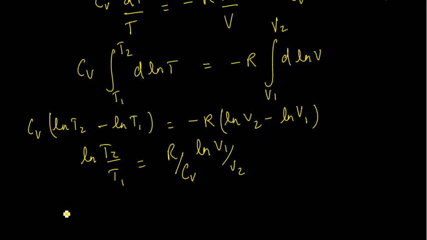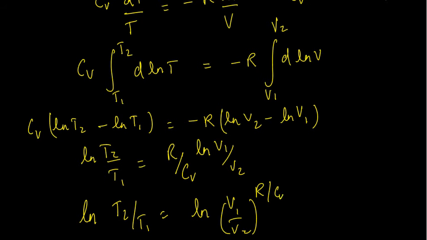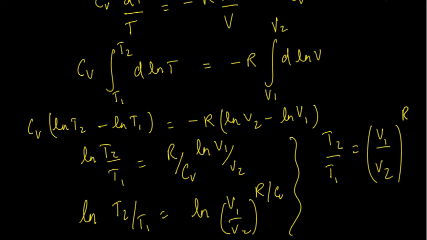So make it exponential. So this is, or rather before that, log of T2 by T1 is equal to R by Cv times log of V1 by V2, and then that gives me T2 by T1 is equal to V1 by V2 to the power R by Cv.